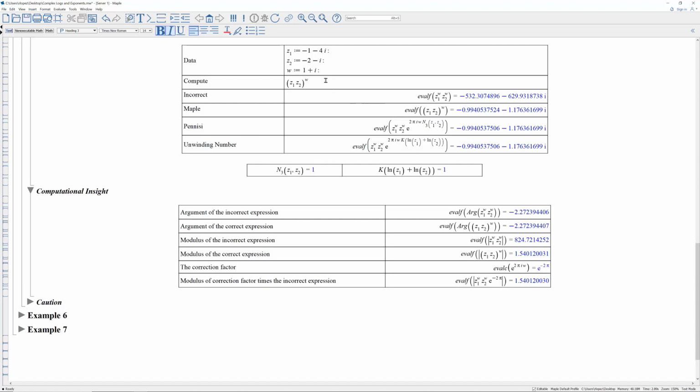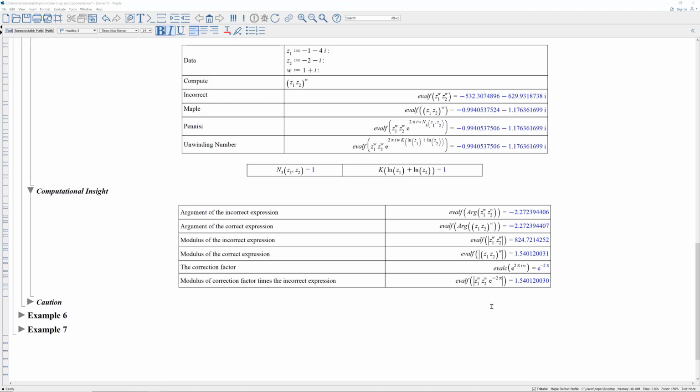Look up here at W. W is 1 plus I, and you are multiplying that by an I. So you get I minus 1. There's the minus 1. E to the 2 pi I is 1. And that's why this turns out to be e to the minus 2 pi.